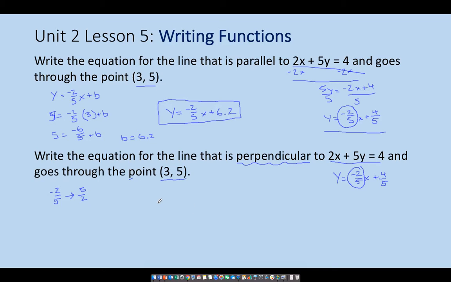And to tell you the truth, point-slope form is where it's going to be for this particular one. All I've got to do for point-slope is just do y minus 5 equals the slope, 5/2, times x minus 3. And I'm done. Boom. Which was a little bit easier than substitution with the fractions.